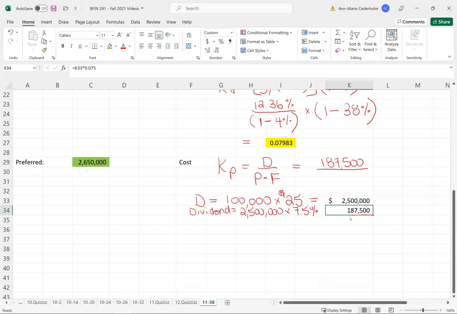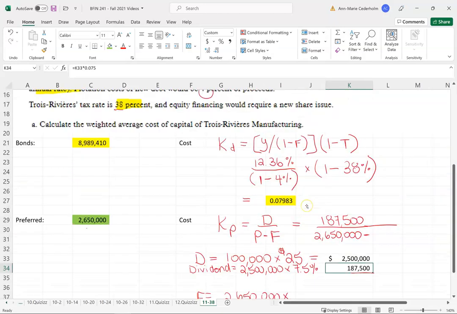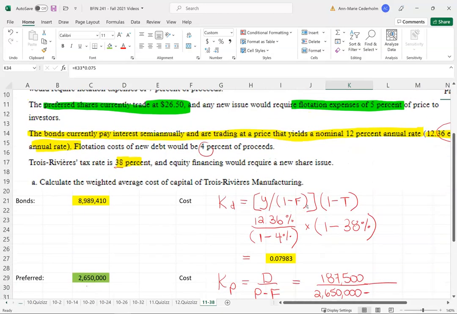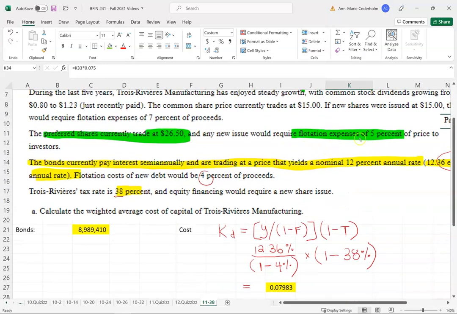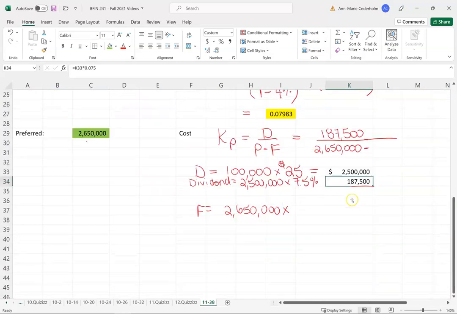And now the price is the 2,650,000 minus the flotation cost. So the flotation cost is going to be the price, 2,650,000, times whatever percentage they told us it was. It says that the flotation expense is 5% of the price.